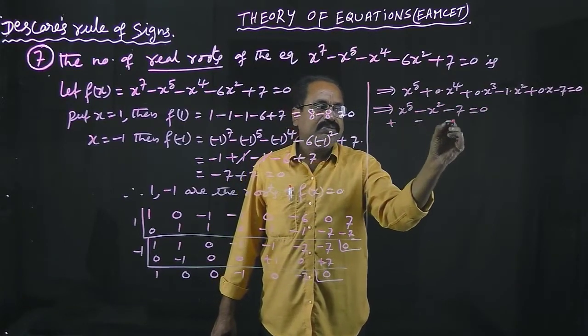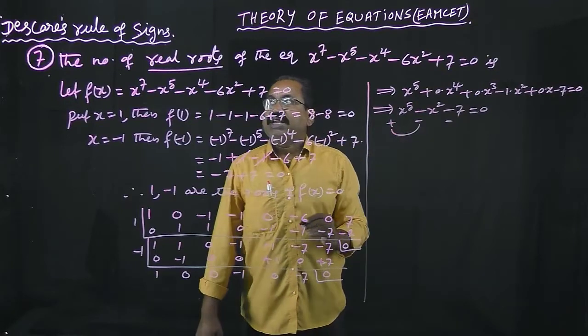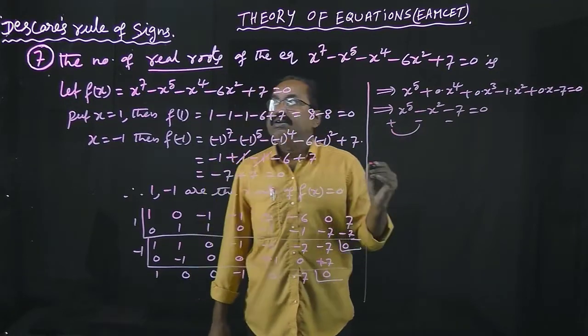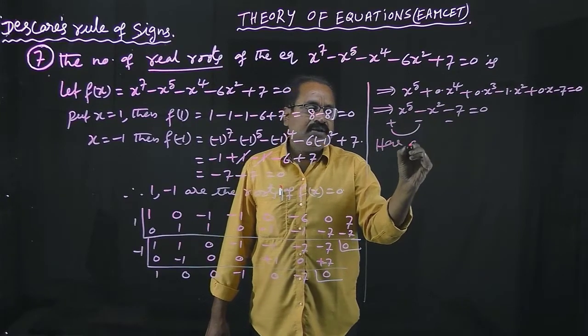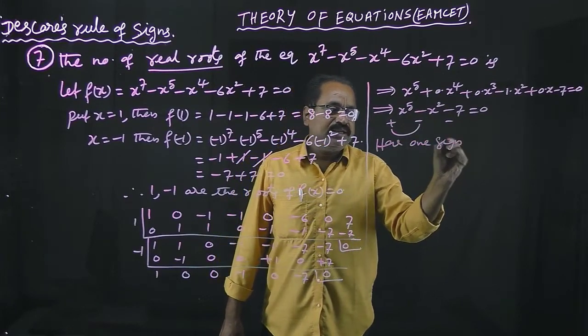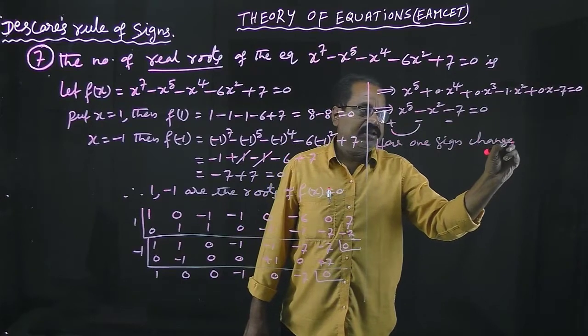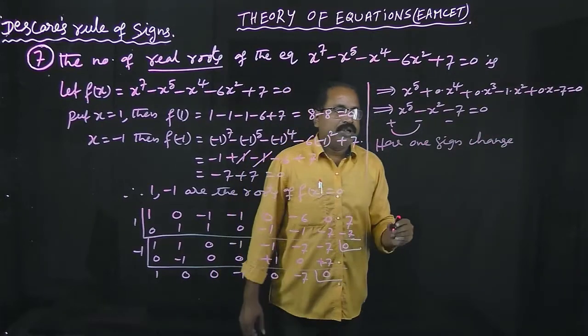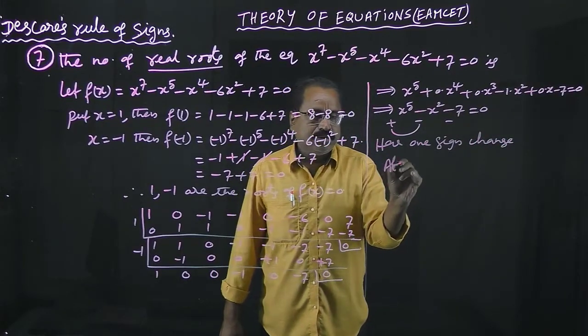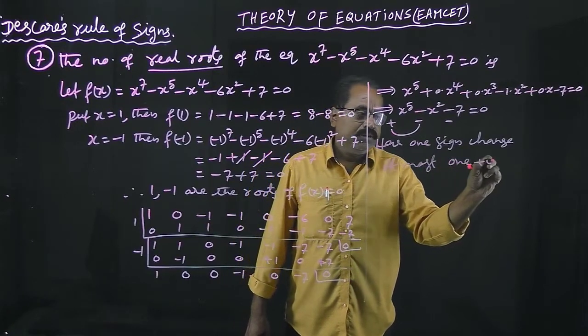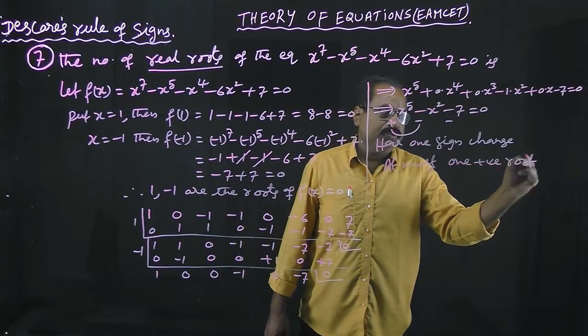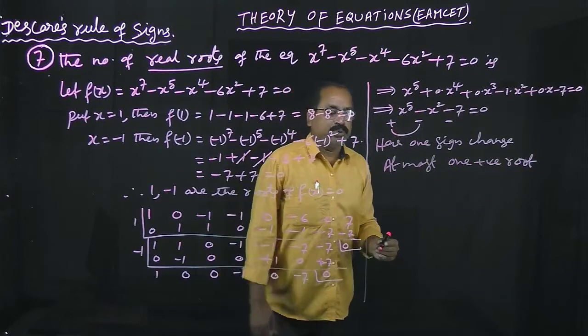Plus, minus, minus. Here, one sign change. So, at most, one positive root.